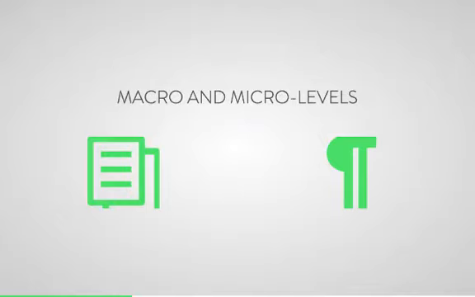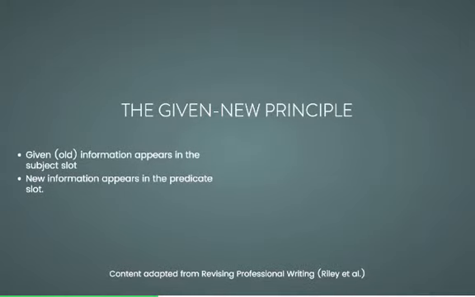So that means connecting one sentence to the next sentence, and making sure that because the sentences connect, we'll have a cohesive paragraph. One of the strategies for identifying, revising, and editing content for cohesion is what's called the given-new principle. The given-new principle is pretty easy to follow, and it has two main ideas.